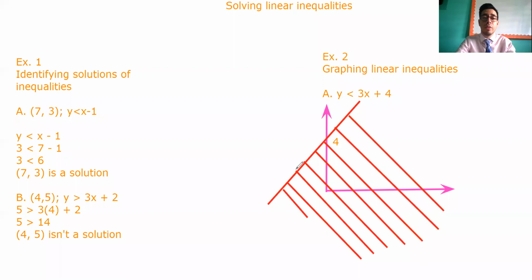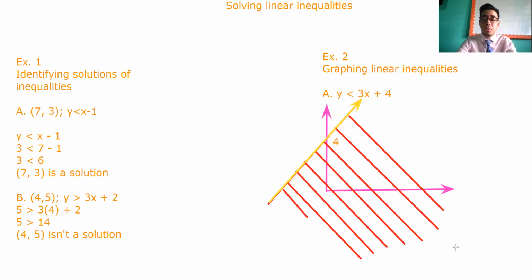This line is the graph. Only that in this part, I don't draw the point for the arrow, but it's this part, okay? You have the graph and you take the values that are below your graph. All this part you can take, okay?